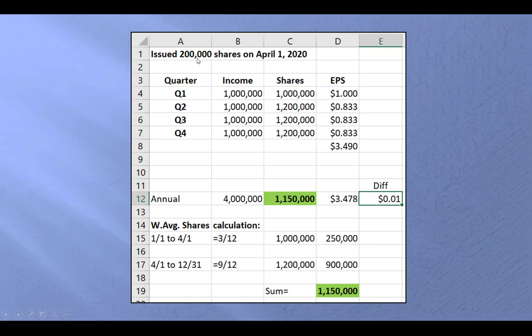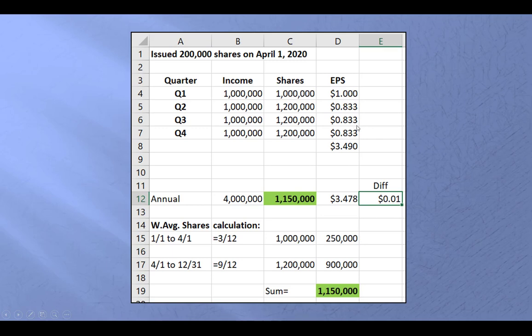We issued 200,000, so now the shares outstanding go from 1 million to 1.2 million, and it was done on the first day of the quarter, so no complicated arithmetic needed over here. This is 1.2 for the whole quarter, 1.2, 1.2. I do the divisions, and I get earnings per share of $1, 83 cents, 83 cents, 83 cents.